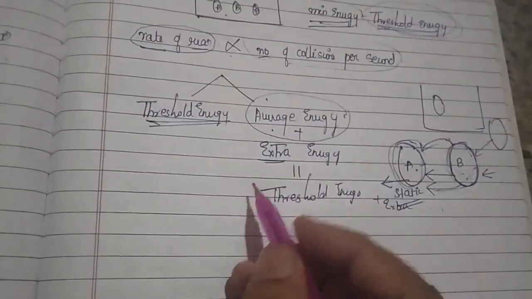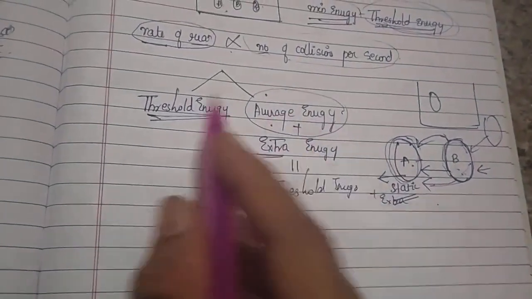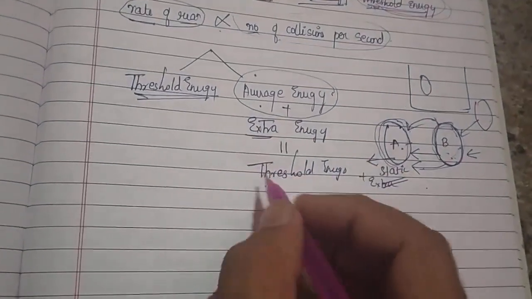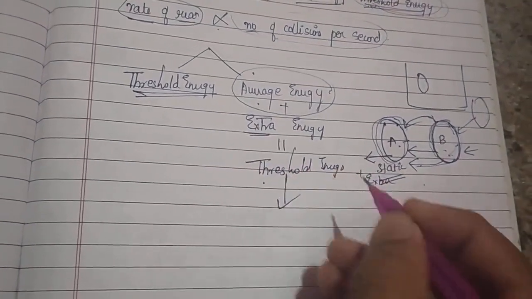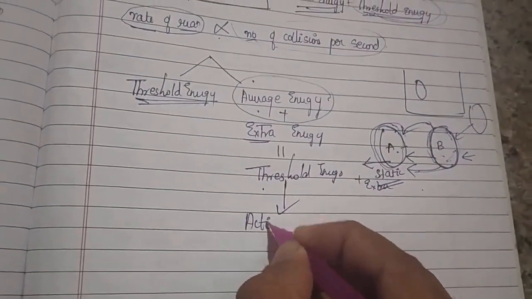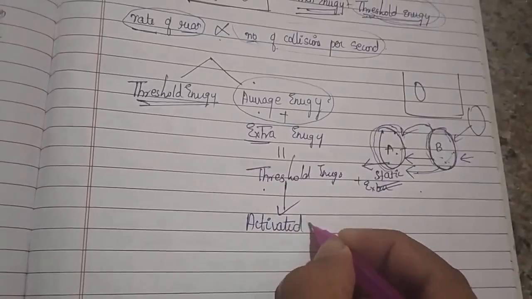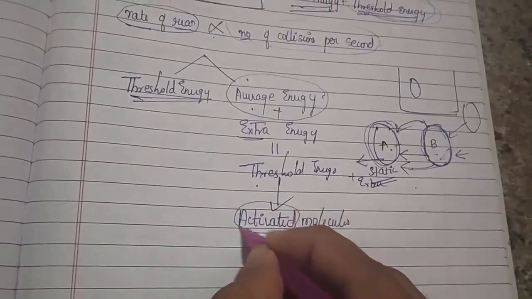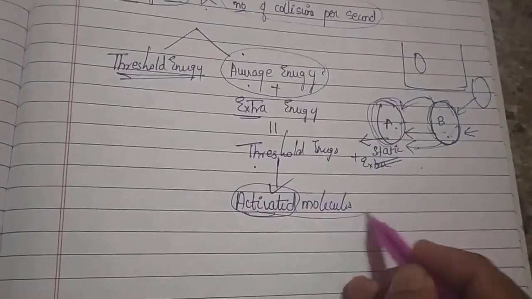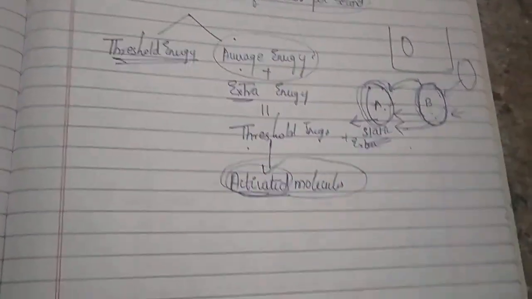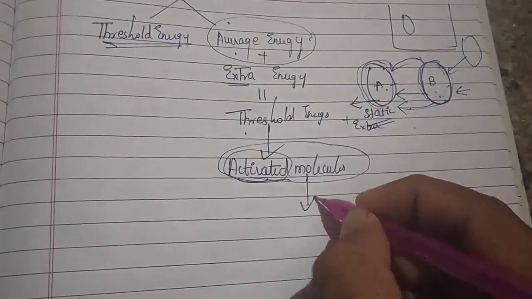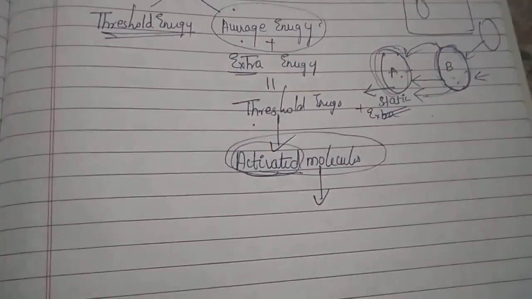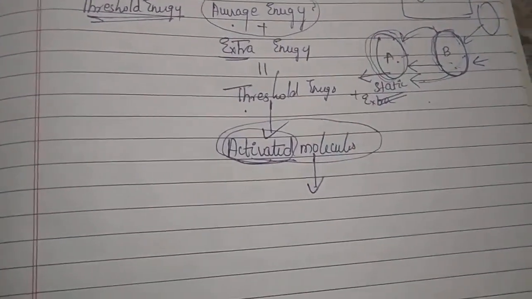So when these molecules get the threshold energy, such molecules are called what? Your activated molecules. Remember, now the molecules have got activated. And when these activated molecules collide, that collision is called a fruitful collision, that is, an advantageous collision.